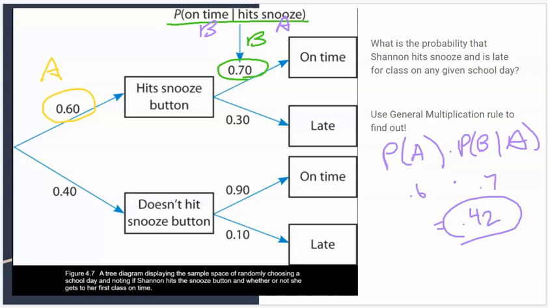So about a 42% chance that, I guess it's the other way around, and is late. So I guess I messed that up. My bad. This is supposed to say not late. Okay, sorry, not late. It would be 42%. You know that this happens because of this. But since this happened, you need to also accommodate for this chance. That's why we use the multiplication rule.